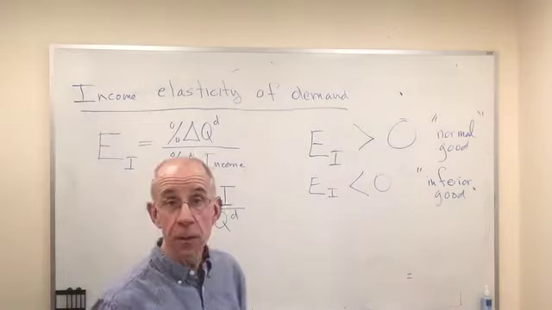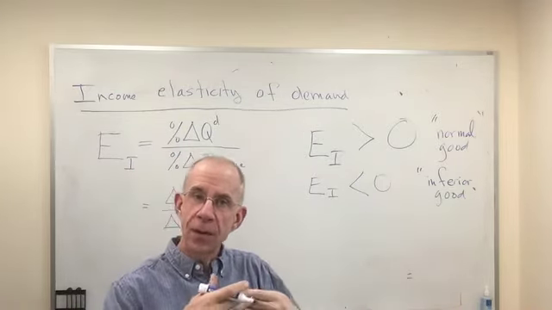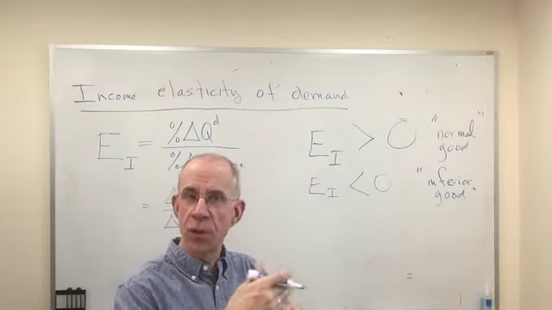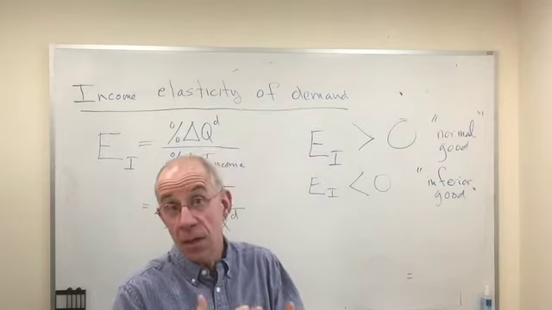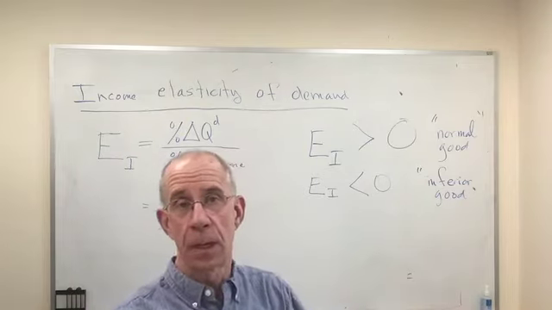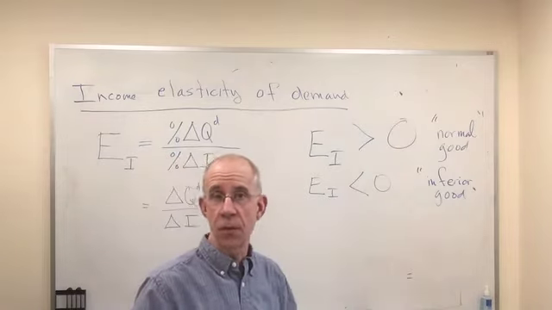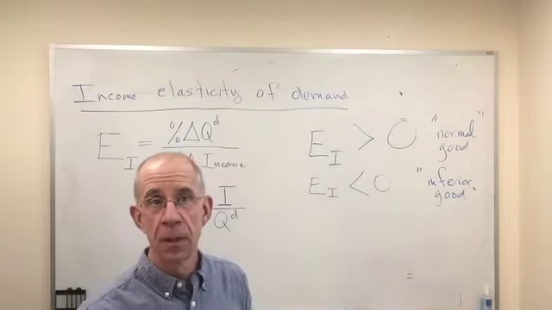Now, it should be clear that for different levels of income, how much more you buy of something is going to depend on your level of income. Maybe if you're earning minimum wage and you get a raise, you're going to buy more ramen noodles.